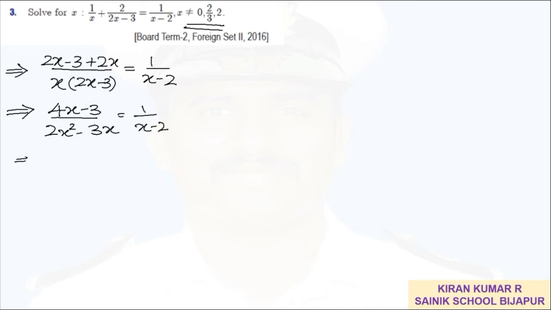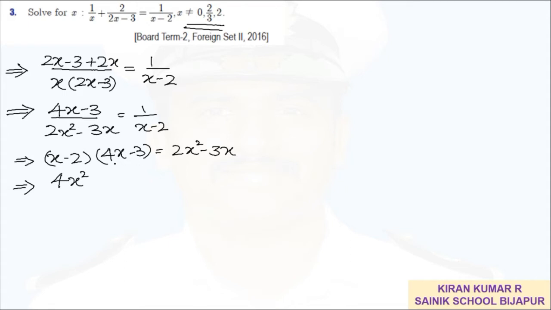Now let us cross multiply. We'll be getting x minus 2 times 4x minus 3 equal to 2x square minus 3x. Upon multiplying, we get 4 times x square. This becomes minus 8x.